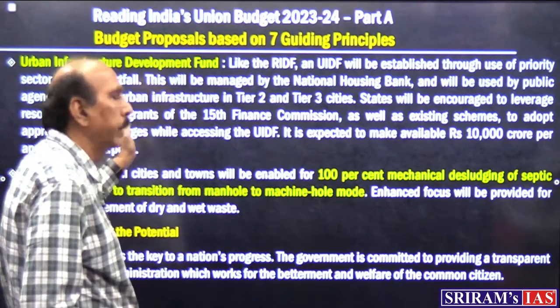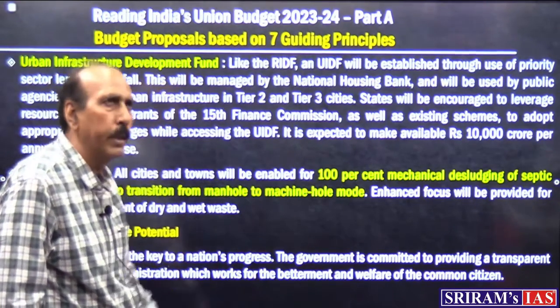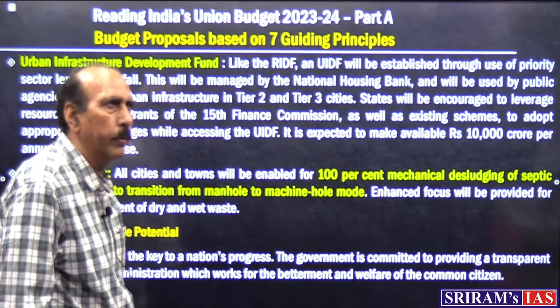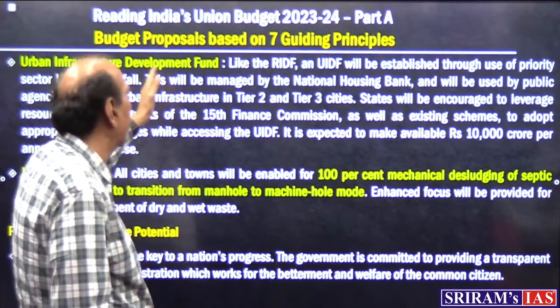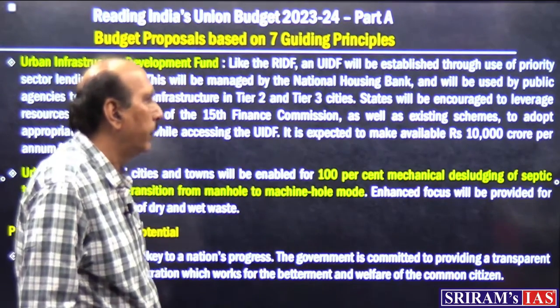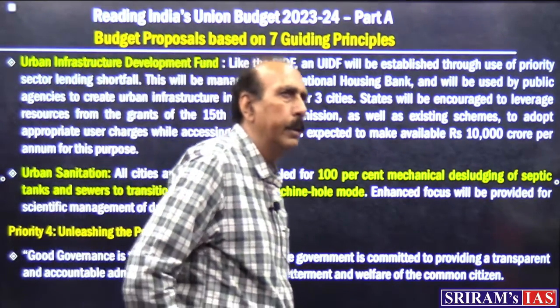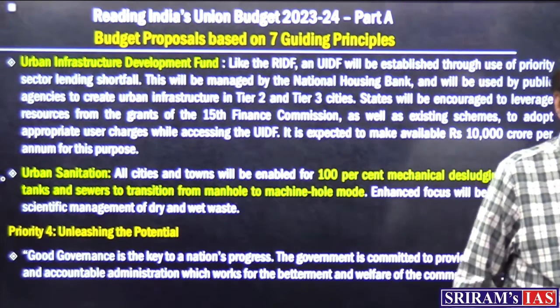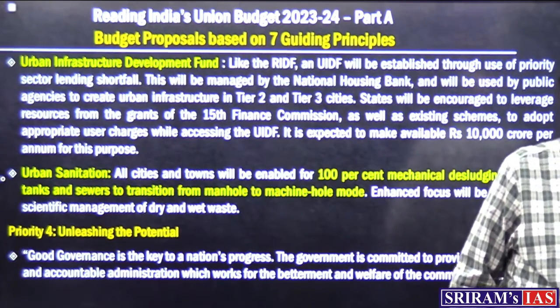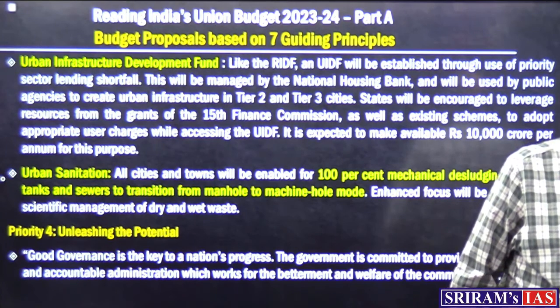Similarly, on the pattern of the RIDF, that is the Rural Infrastructure Development Fund, the government has proposed to create an Urban Infrastructure Development Fund. The money from the UIDF will be used to improve the facilities in tier 2 or tier 3 towns.